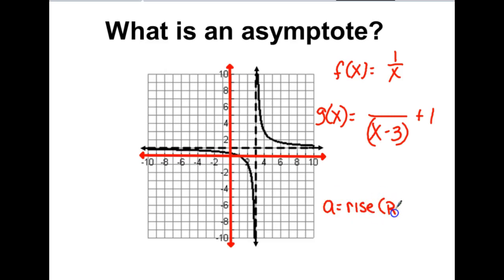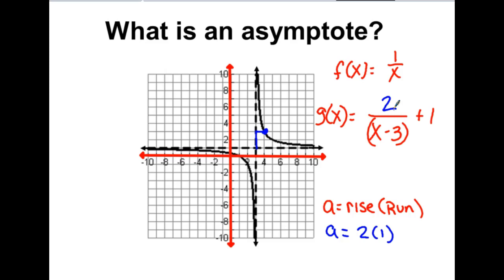Not rise over run. For this kind of graph, the A is equal to rise times the run. Well, where do I count that? There's a pretty point. It rises up 2 and runs over 1. So this is 2. That's the equation that goes with this graph.